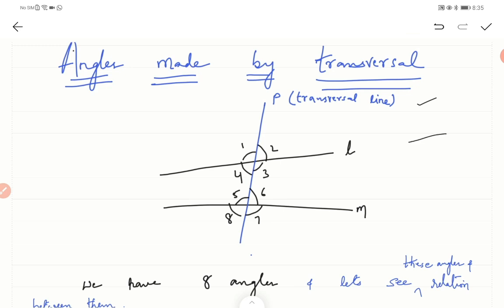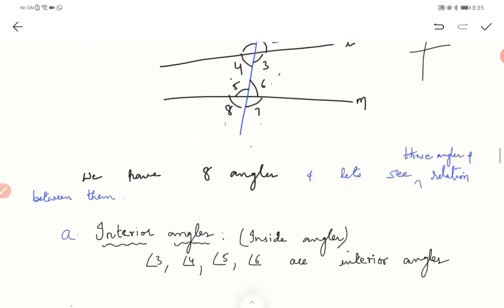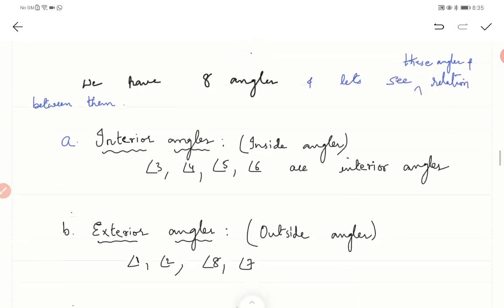A transversal passing through two lines, parallel or any lines, will form 8 angles, isn't it? We can see 1 2 3 4 5 6 7 8. So 8 angles are formed. Interior angles are 4, exterior angles are 4. Let's see one by one the relation between them.